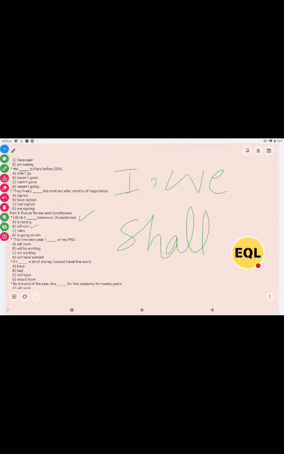Next is "This time next year, I dash on my PhD." Next year is a symbol of future. Whenever you talk about future happenings, you use next. So whenever you have next in a sentence, always use future tense. It can be future indefinite, future continuous, future perfect, or future perfect continuous. Let's see which suits best.